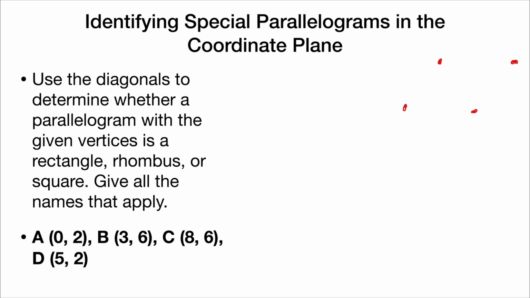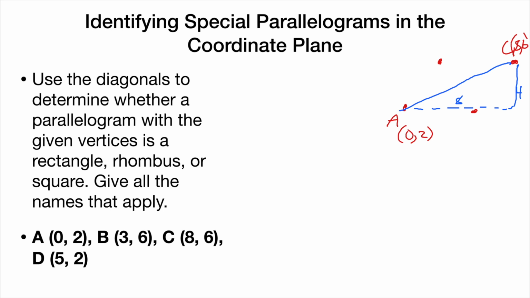So we're going to go with figuring out A, which is at 0, 2, to C, which is at 8, 6. So the diagonal here, we have a run of 0 to 8, which is 8. And we have a rise of 4. So 8 and 4.